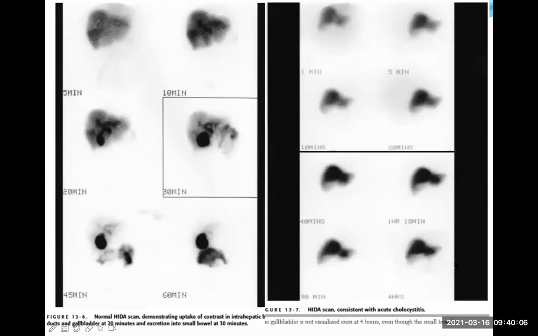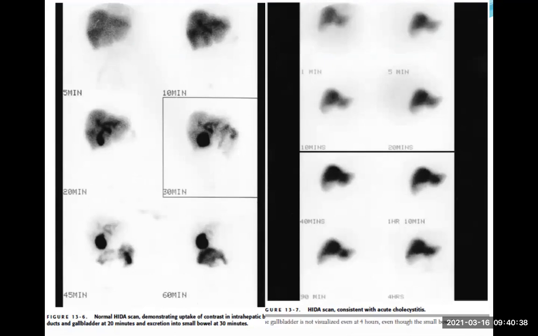Now all of you, please focus here. Just see there, please. What is shown here? This is a normal HIDA scan, and this is the HIDA scan consistent with acute cholecystitis.